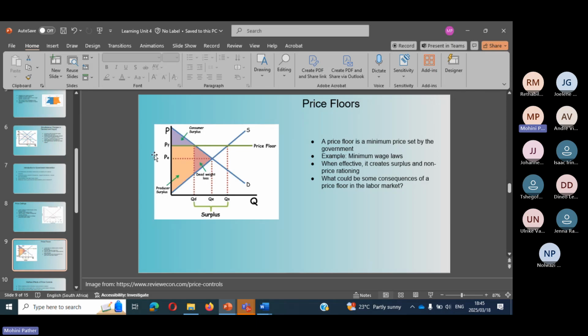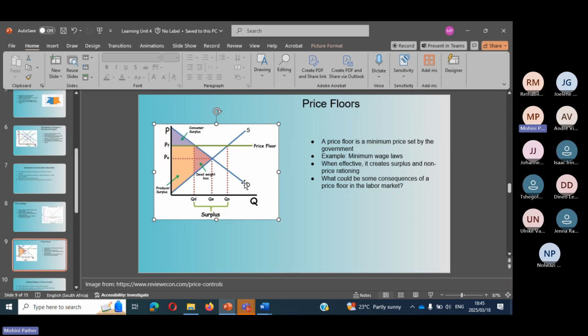You had this massive deadweight loss impact. Because some people were willing to accept next to nothing just to be employed, they wanted like 5-10 rand an hour. But the problem was that it's not a living wage, so people couldn't survive on that.